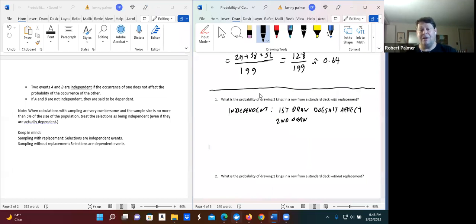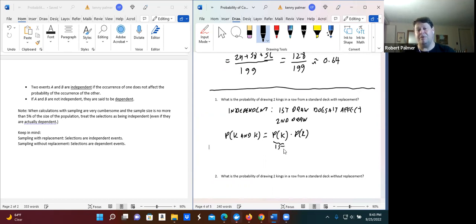Let's think about that. So the probability of, I'll just put K, king and another king is going to be just the probability of a king in the first draw times the probability of a king in the second draw.